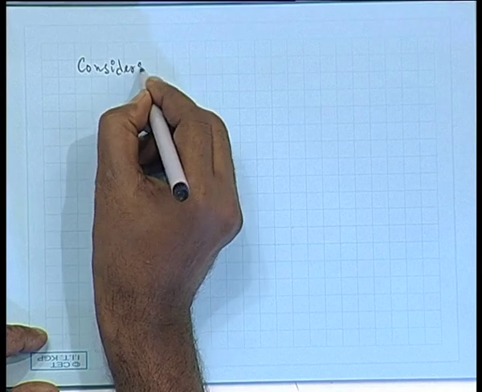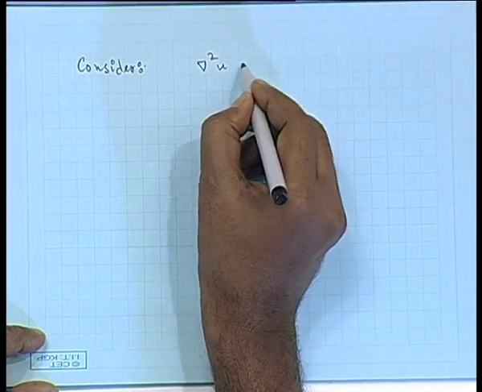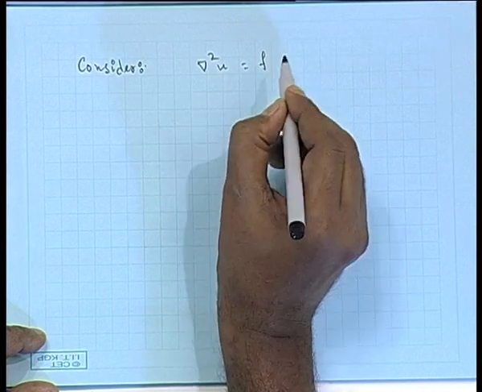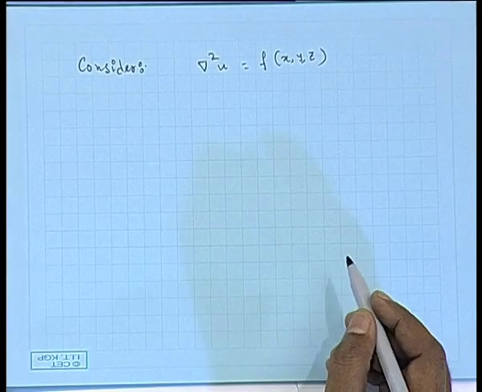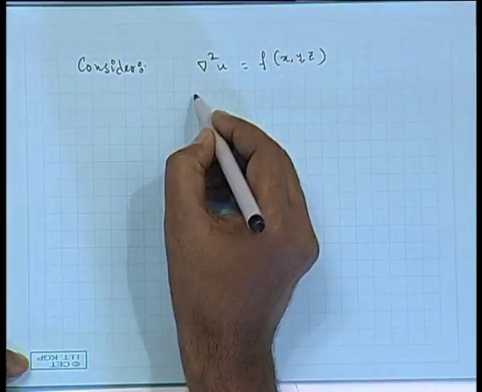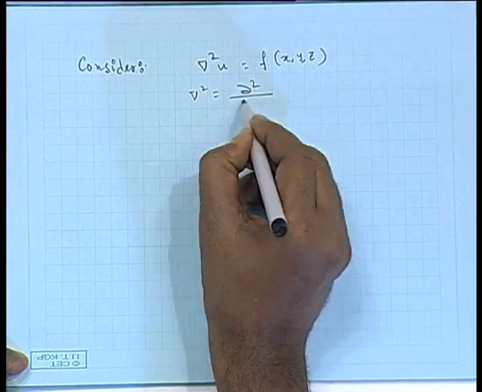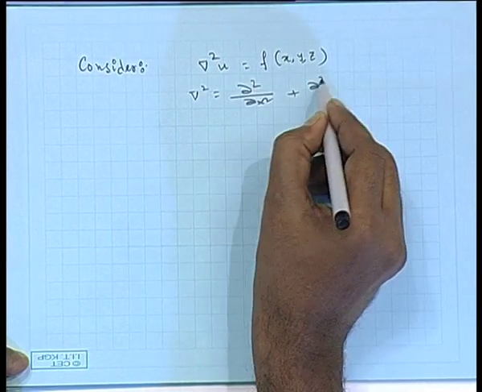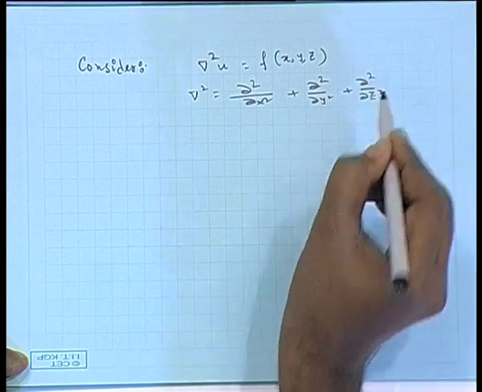You consider the equation that you are going to solve is, let us say, del square u is equal to f. F may typically be a non-homogeneous function of x, y, z, and the operator del square, let us say, is a Laplacian operator: del square by del x square plus del square by del y square plus del square by del z square.